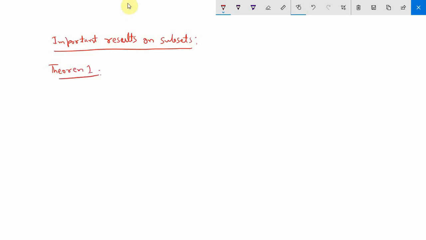Every set is a subset of itself. See, A be any set, then each element of A will be clearly in A itself. Thus, we can write A is a subset of A.